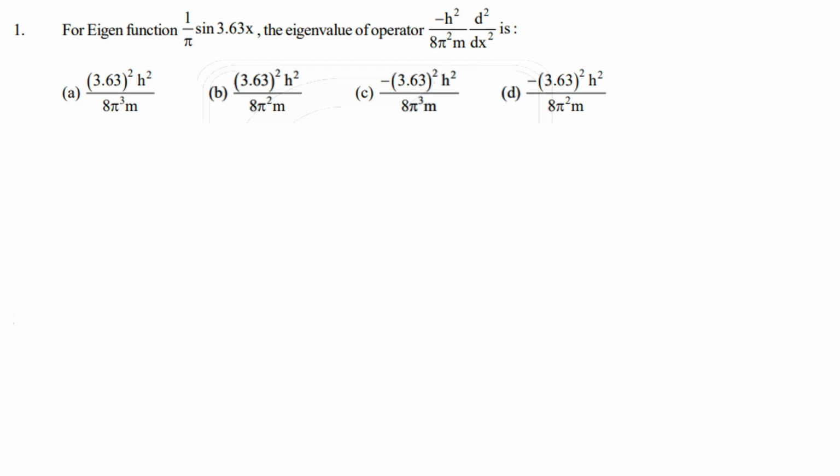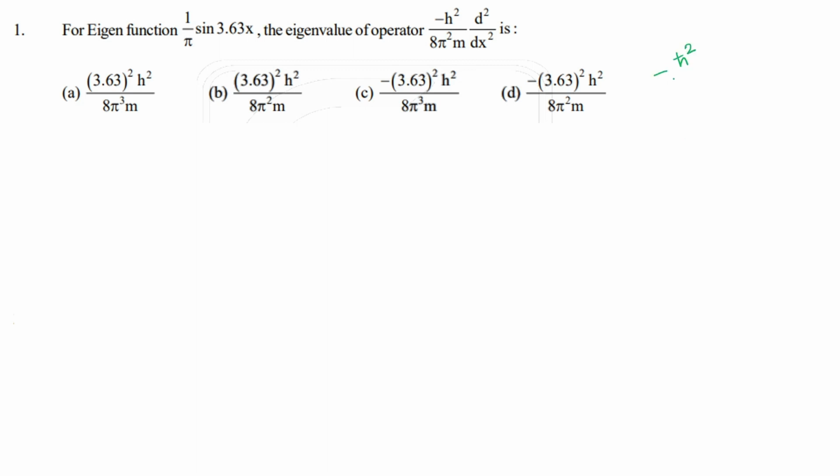Okay, let us solve this question. An eigenfunction is given as 1 by pi sine 3.63x and the operator is given. What is the eigenvalue? Can you quickly tell me what is going to come?